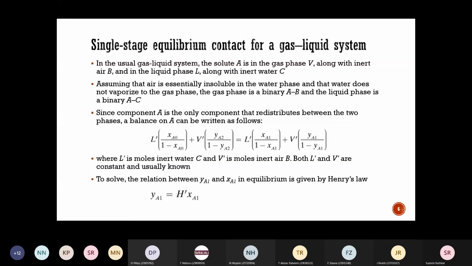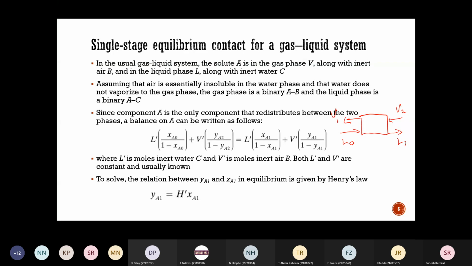What diagram are we talking about here? It's the same diagram that we had before. You've got L0, V2, L1, and V1. But we're rewriting the balance.